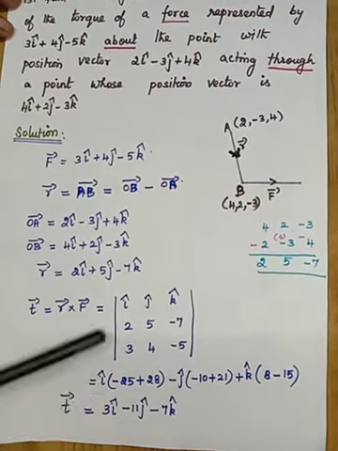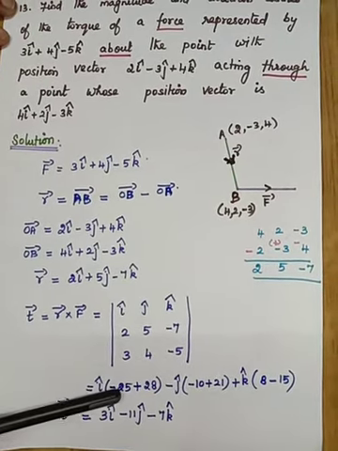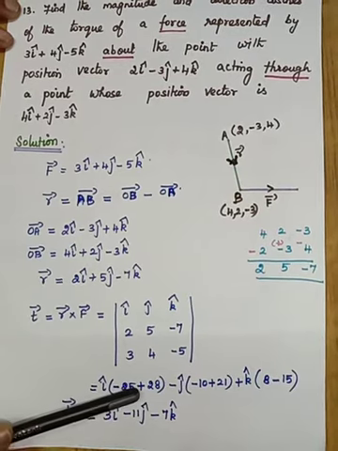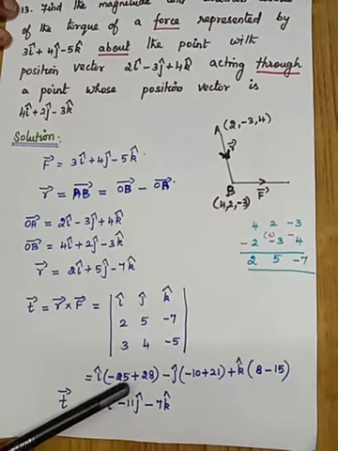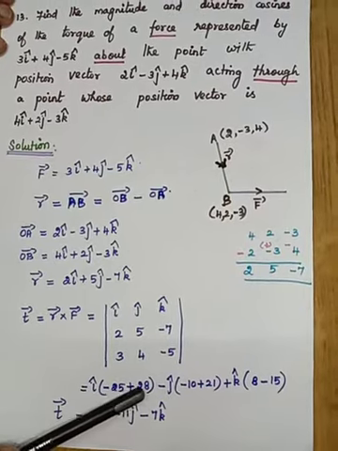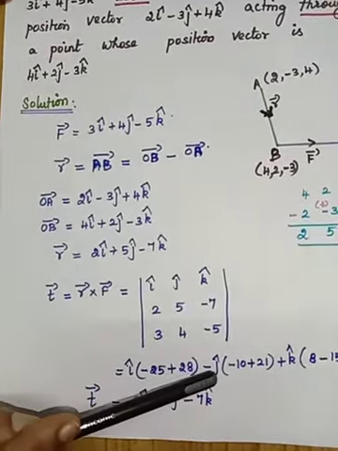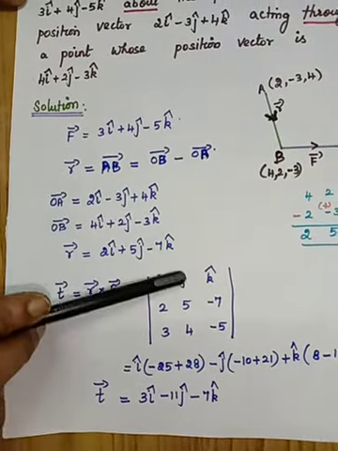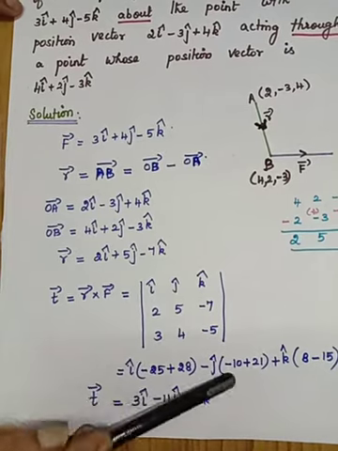So i cap into, delete the first row and the first column: 5 into minus 5 is minus 25. And you have to write the minus, so 4 into minus 7 is minus 28. So minus into minus is plus 28. While you are moving to the second one, you have to change the sign. So minus j vector. Delete the first row and the second column. So here 2 into minus 5, that is minus 10.